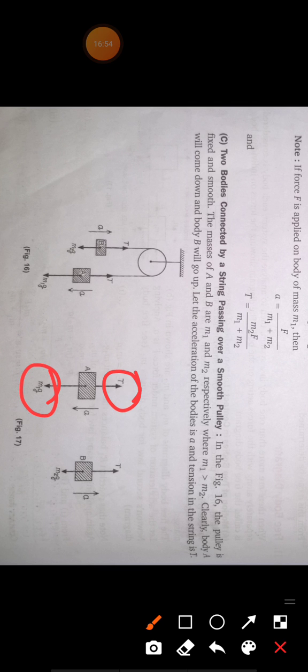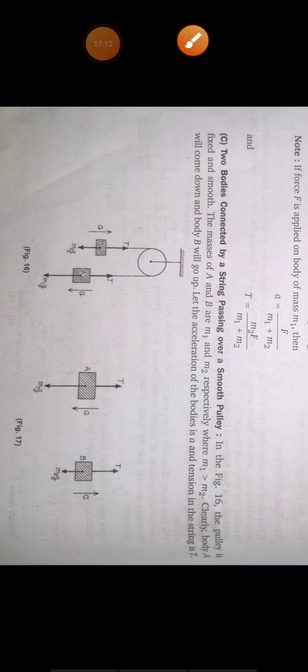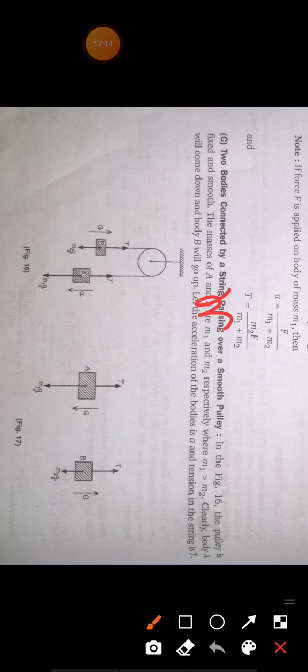Now which force is greater, M1G or T? For body A, M1G is greater than T, because ultimately this body is going in the downward direction. That means it has some acceleration downward, so M1G is greater than T. From here you can write M1G minus T equals mass into acceleration.